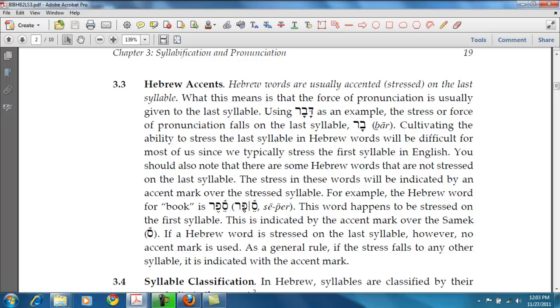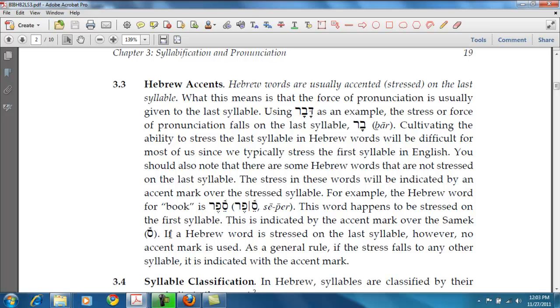Sefer is broken up into two syllables: se, with the sameh and the tsere, and fer, the pe, the segol, and the resh. Sefer. The accent is put on the first syllable. This word happens to be stressed on the first syllable, and it's indicated by an accent mark over the sameh, which you see right here.